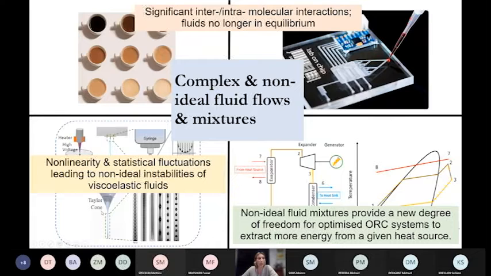When we look at 3D printing, we also have nonlinearities, statistical fluctuations that lead to some of those instabilities that we can see here in the jetting dynamics of those viscoelastic fluids. Similarly, for ORC applications, for example, we are looking at mixtures of those non-ideal fluids so that we can try to extract more energy from a given resource. And again, that raises some questions about how we actually computationally model those fluids and mixtures, looking at those interactions at the molecular level.